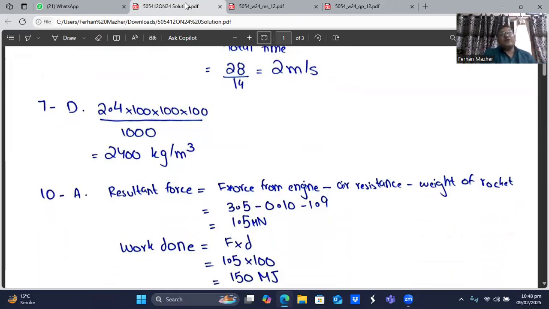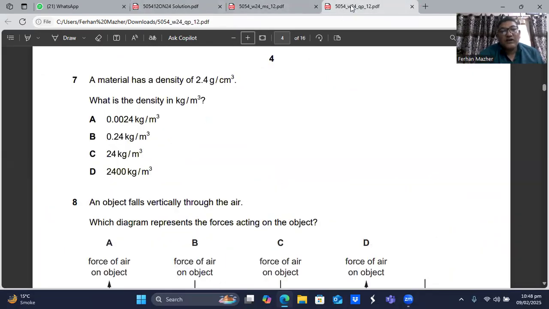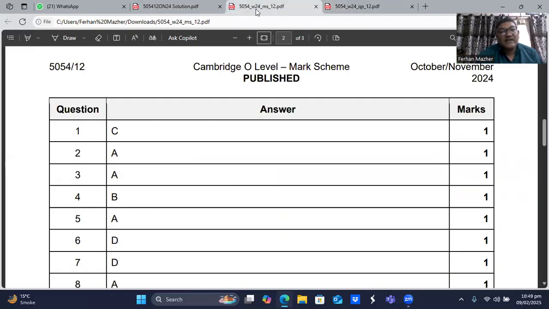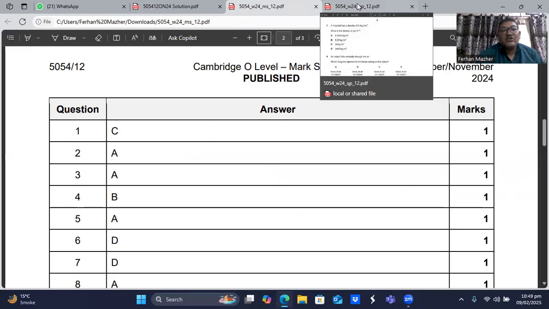So 2.4 multiplied by 100 multiplied by 100 multiplied by 100, divided by 1000. So you will get 2400 kg per meter cube. So the answer looks like D, question number 7. I think D is the right choice. Question number 7, D is the right choice.